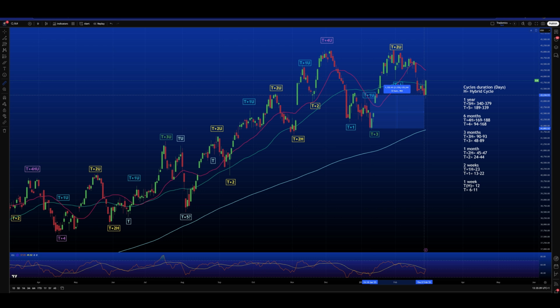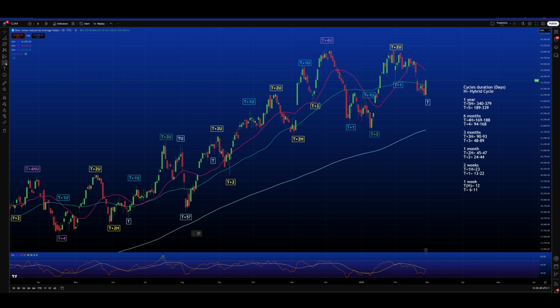Okay, now considering the downward cycles, we have the following. Up until the Friday's candle from this low here that was done on the 10th of January, we have 32 bars. So we are about to begin a new weekly cycle. We have had a good reaction of the price, and on Friday, the closing price was higher compared to the moving average 50, which is already a sign of strength.